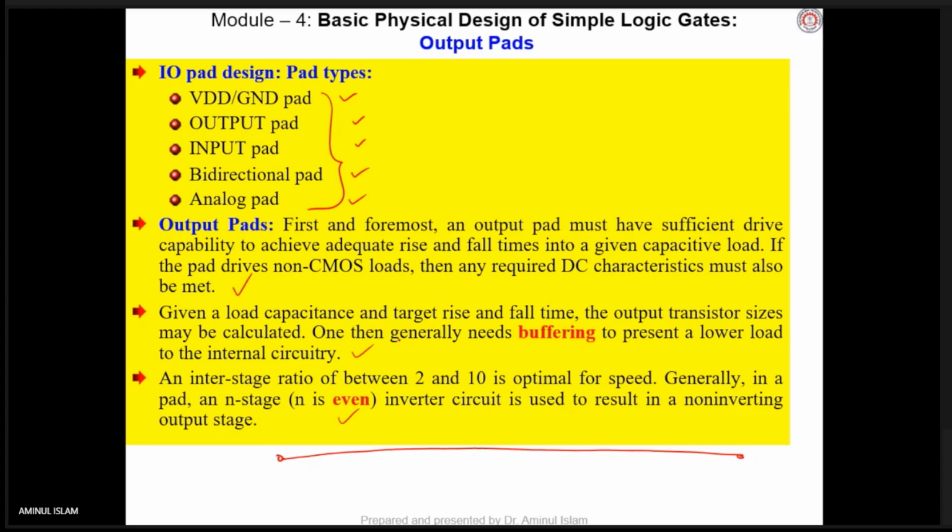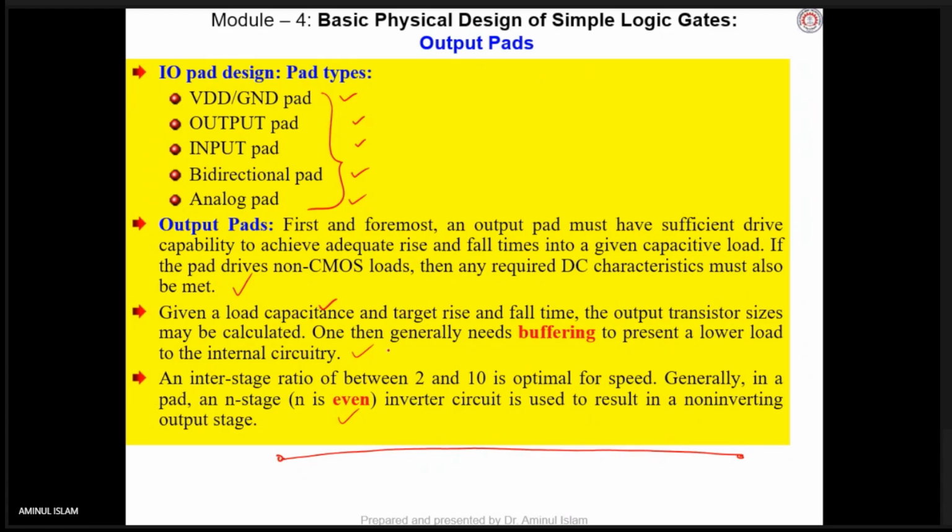Given a load capacitance and target rise and fall time, the capacitance may be more because it may be driving off-chip interconnects. So the capacitive load may be more, and the rise and fall time cannot be so long, because circuit speed will be less in that case. The output transistor sizes may be calculated based on these things.